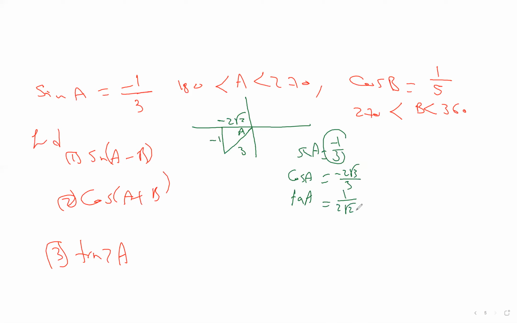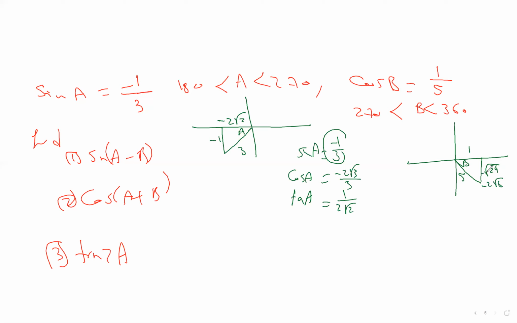And the other one, this is the fourth quadrant, this angle B. Then cosine B will be 1/5. So this one will be √24, which is 2√6.